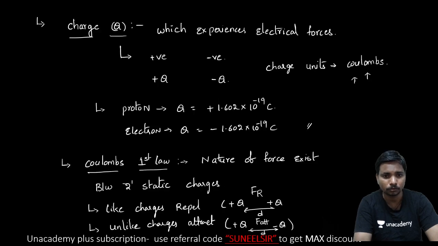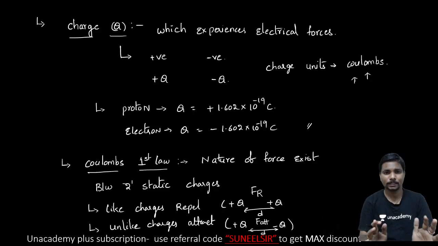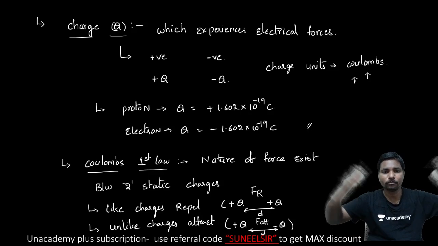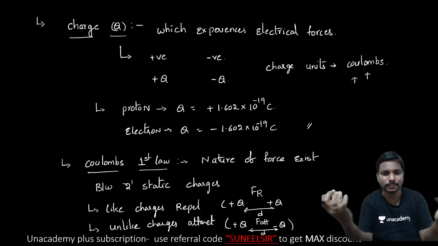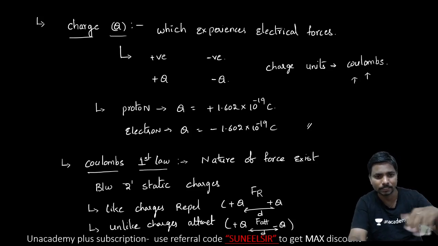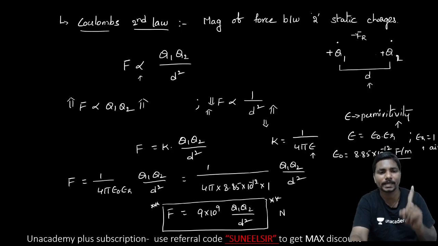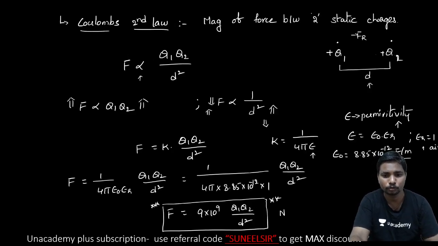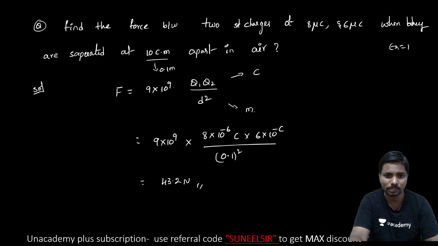Once again friends, charge is that which experiences electrical forces, and based on this, Coulomb has given two laws. The first law gives the nature, the second law gives the magnitude, and that magnitude value is 9 into 10 power 9 q1 q2 by d square. And we have solved a problem.